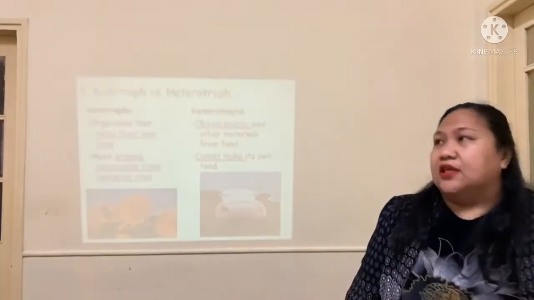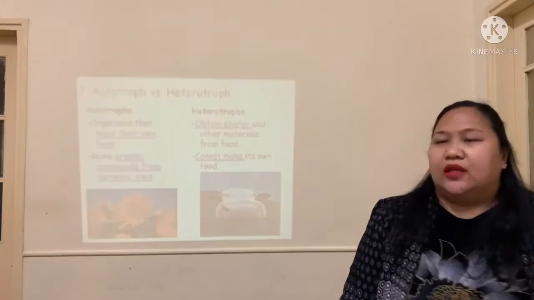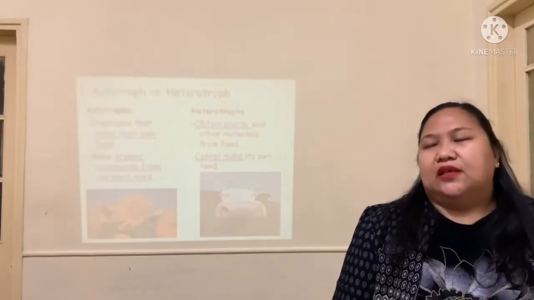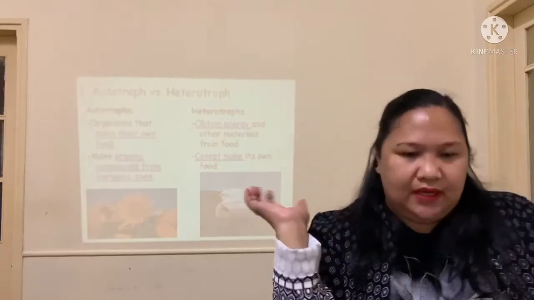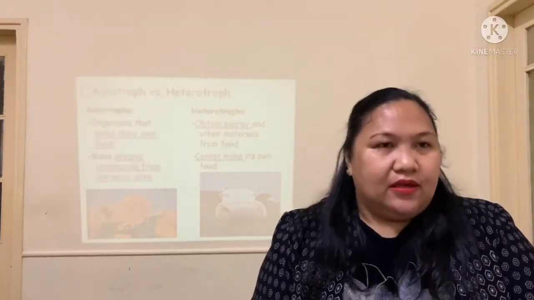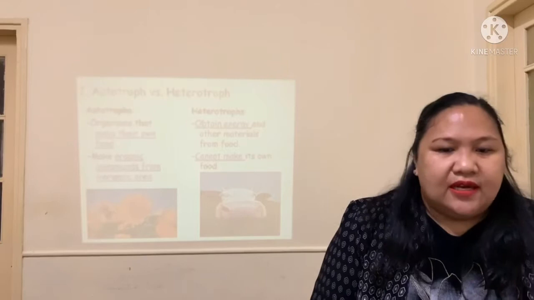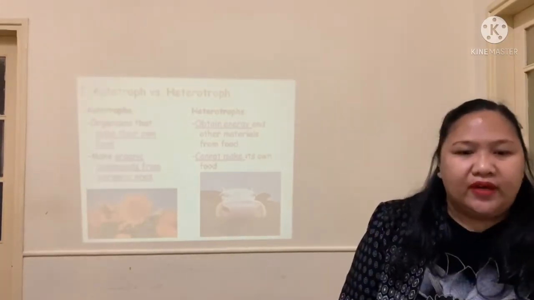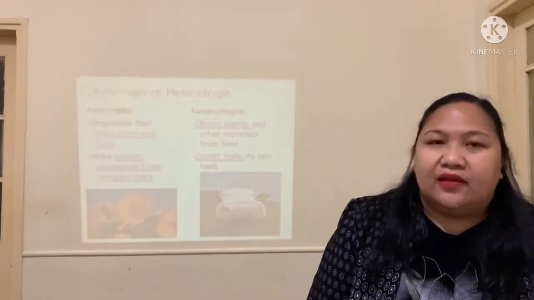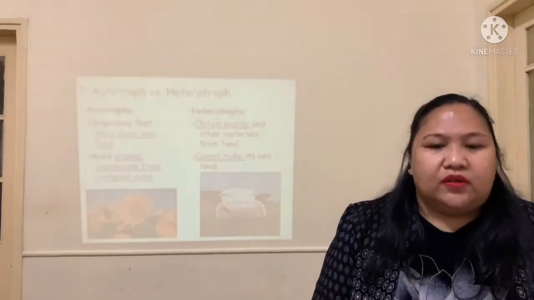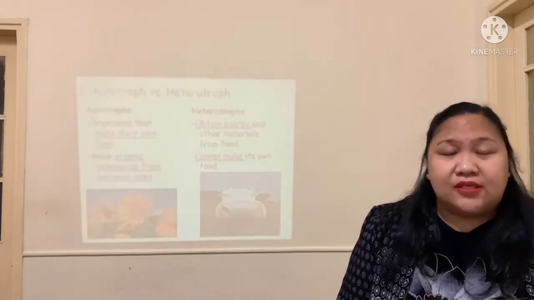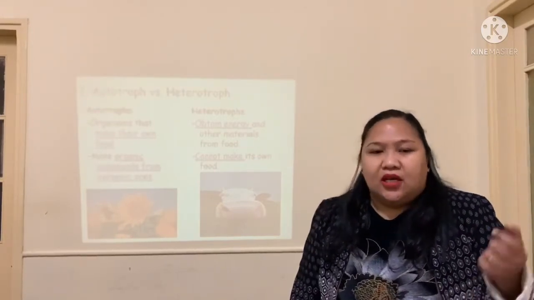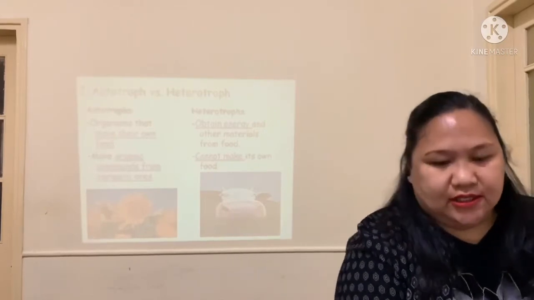Moving forward, based on that explanation now, what do you think is photosynthesis? Anybody from the class? Yes? Okay, very good. This is the process by which some other organisms use light energy to convert water and carbon dioxide into oxygen and high energy carbohydrates such as sugar and starches.